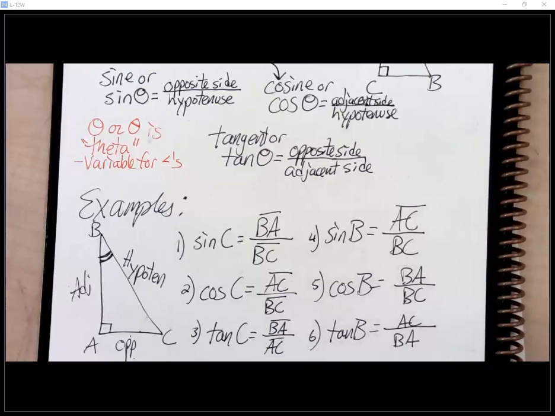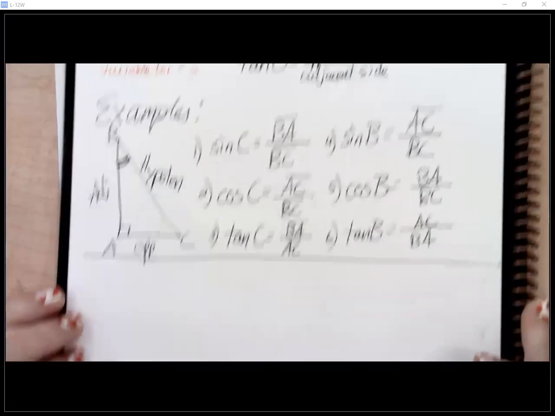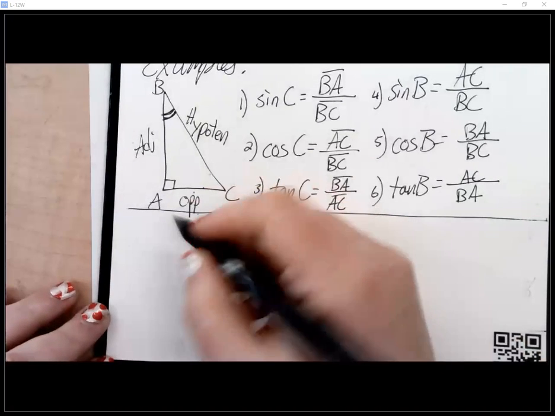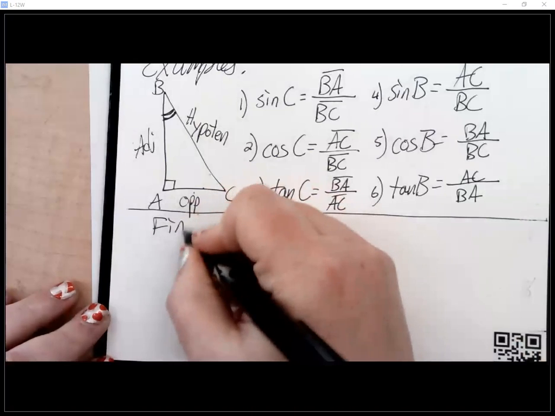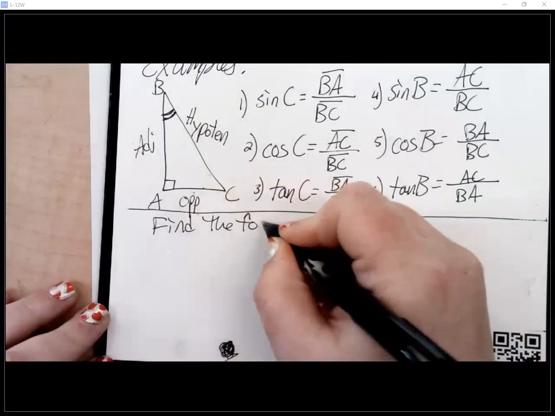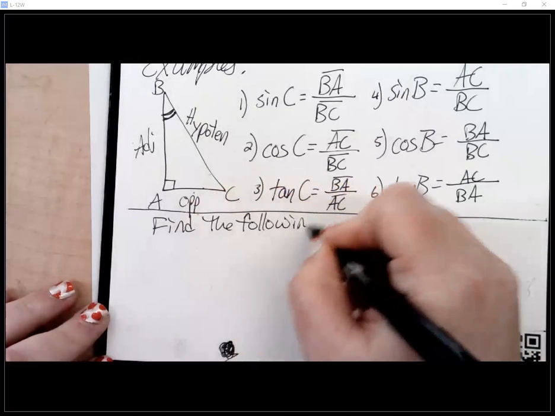All right. Let's try with some numbers now, okay? We'll throw that in. So let me see what I can do right here. I'll do the instructions as find the following ratios.